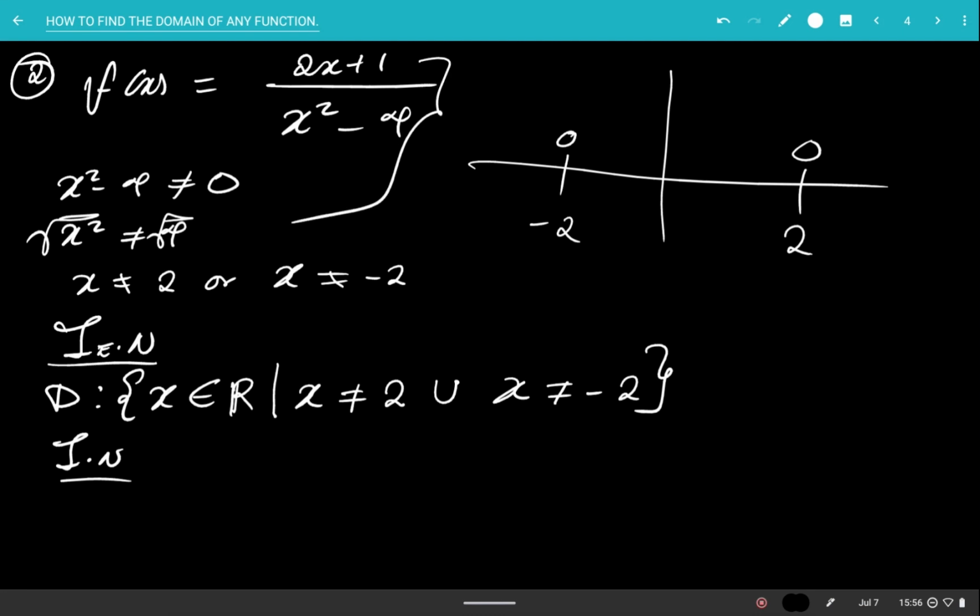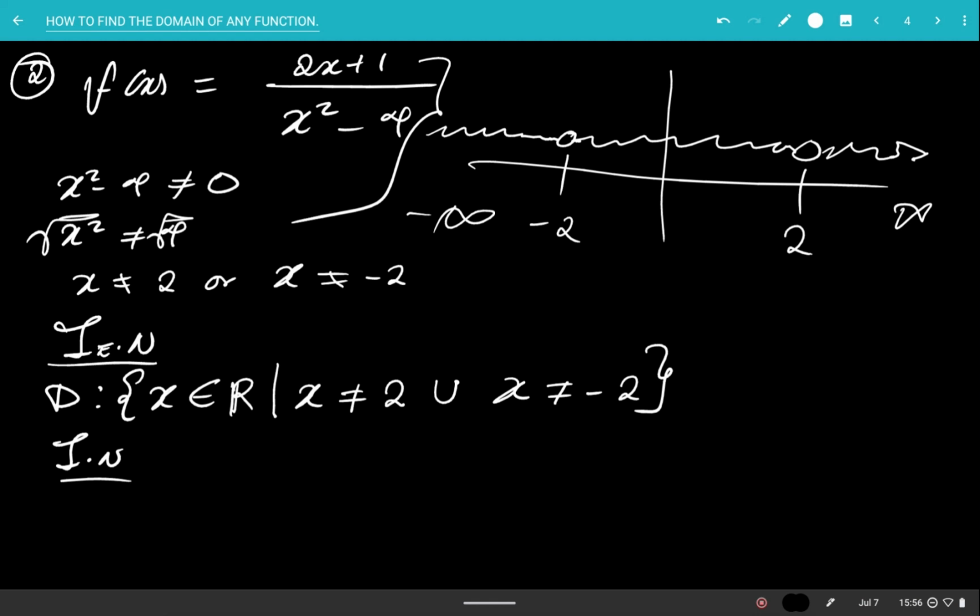So x can come from negative infinity, but never be minus 2. Again, it can come from minus 2 going to positive 2, but not being 2. And from 2 to positive what? Infinity.